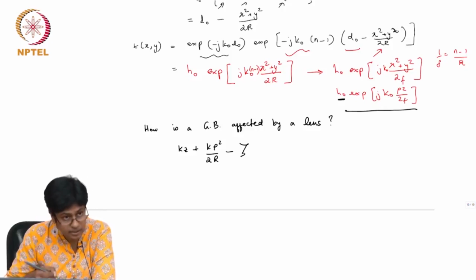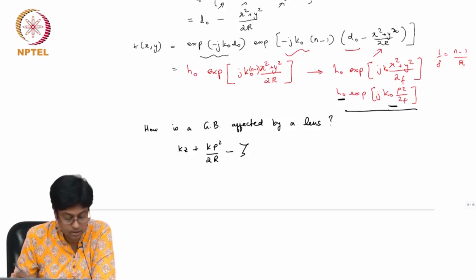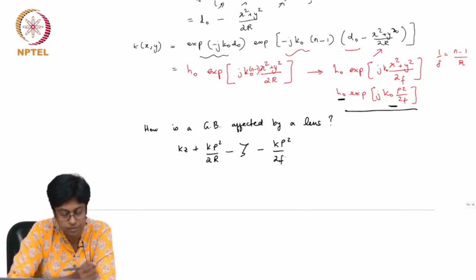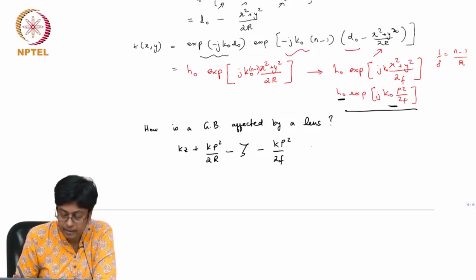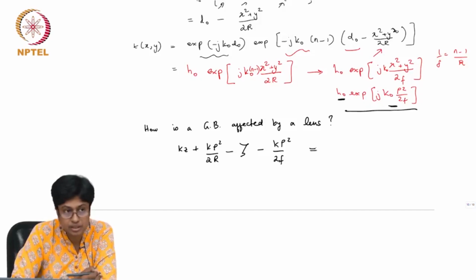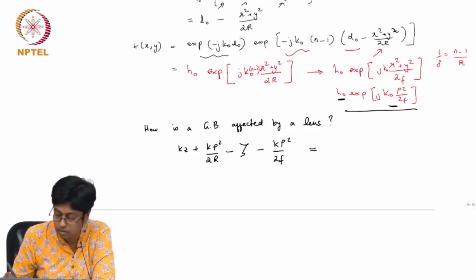This is now incident on the lens, right? So it is going to be affected by this term over here. So I'm going to add this k rho squared by 2f, and this is going to give me the new phase front, and I can write that again in terms of k rho squared, but now the radius of curvature has changed, minus zeta.